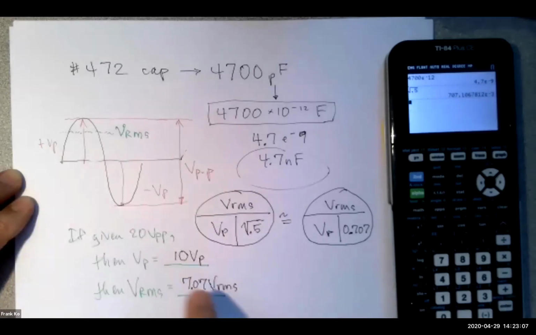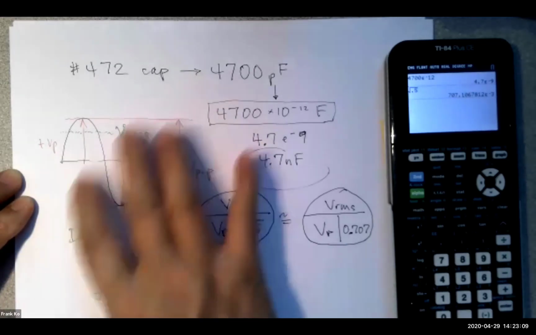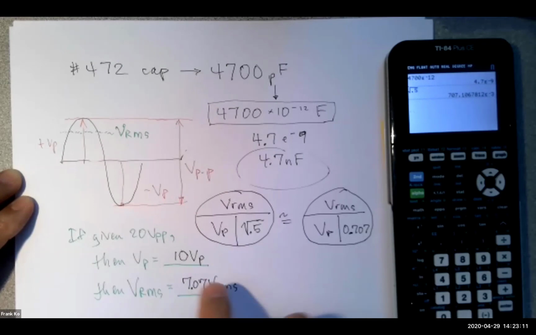As I've said, it's been several weeks since we last looked at this, and I bring this back to light because the exercise that we're given is in volts peak to peak. I'll go back to our share screen, hit share.